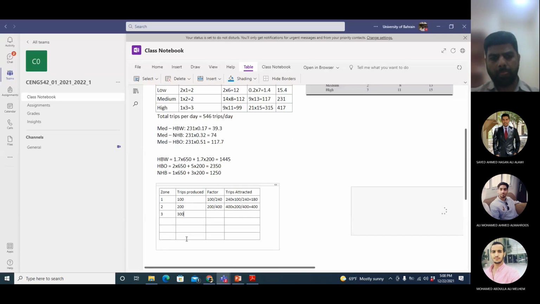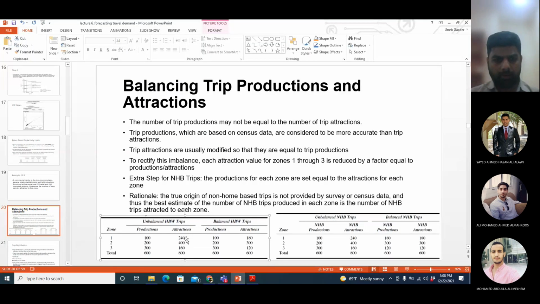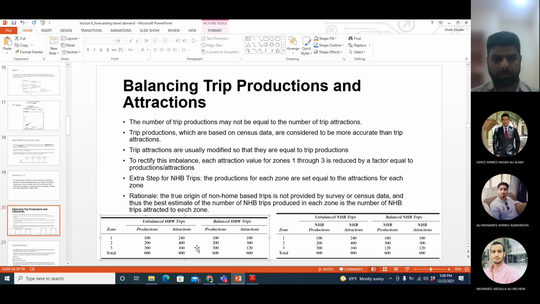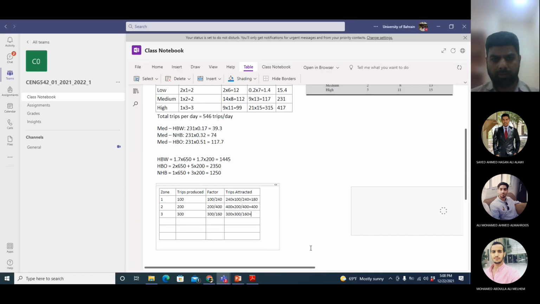That's 300 produced and 160 attracted. So 300 upon 160, and then you multiply 300 by that factor, and you get the balanced number, which is 120.